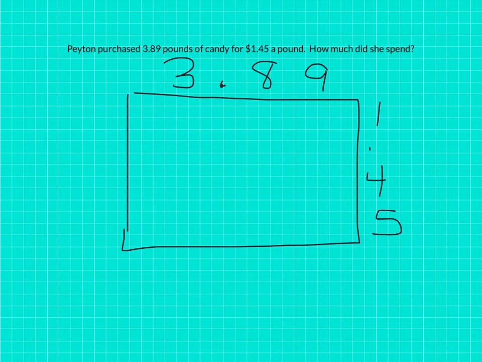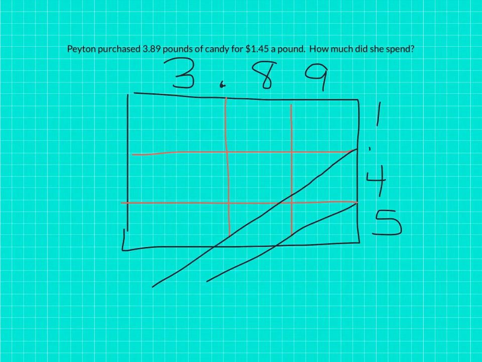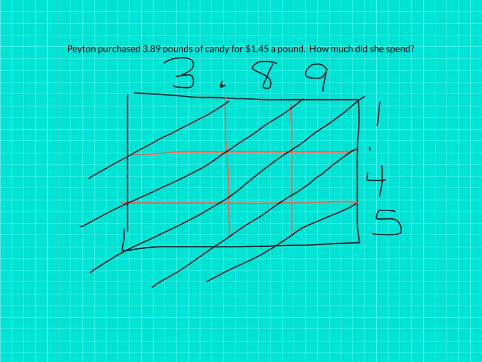When I do this, I want to make sure that my lines are at the decimal. Just makes life easier. Remember, they don't have to be perfect because mine never are. Just as long as you can get the numbers in there and tell where your diagonals are.